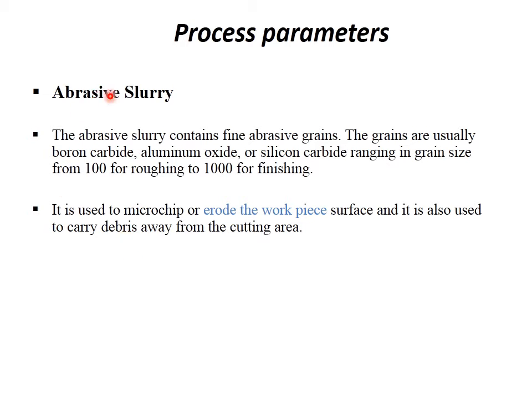So this abrasive slurry, with a particular type and size of abrasive, erodes the workpiece surface. That is erosion or microchipping taking place by the abrasive slurry with the help of the ultrasonic transducer or tool.